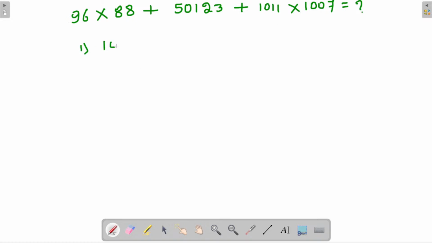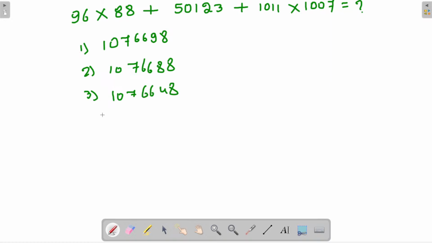Option one, 107666 98. Second option, 107666 88. Third option, 107666 48. Fourth option, 107666 28.